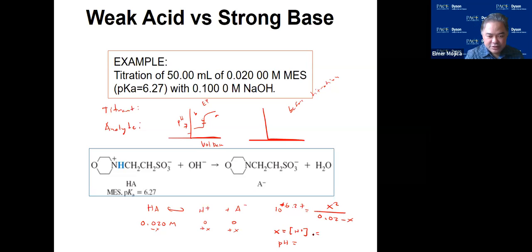So I would say maybe close to this one, 10 to the negative 4. And if I'm going to get the pH for that, that would be around 3.98.